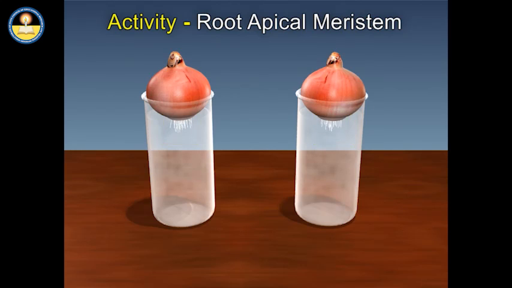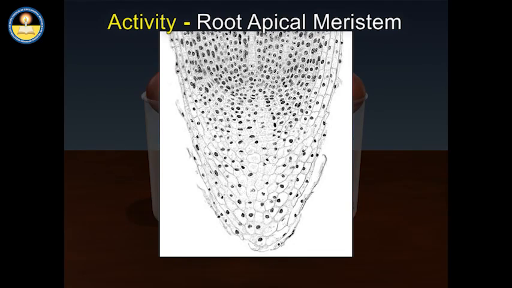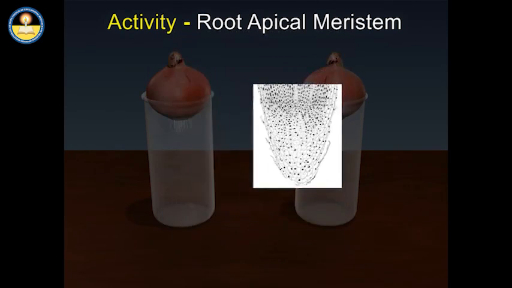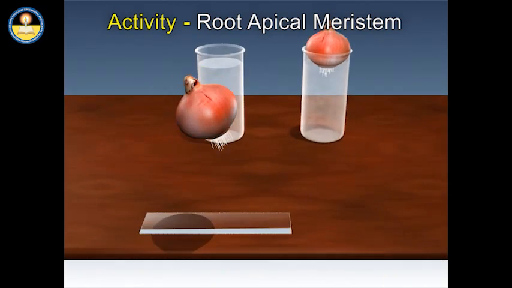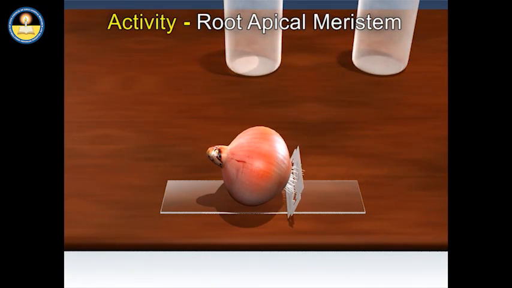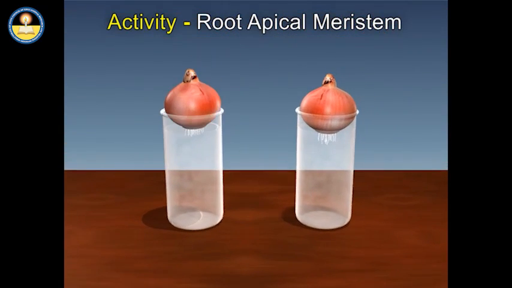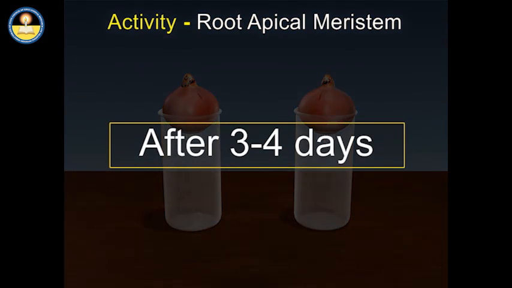The apical meristem present in the root cap region contains the highest percentage of dividing cells. Take out one bulb and cut its root tips. Put it again in the same position. Observe both setups after 3 to 4 days.